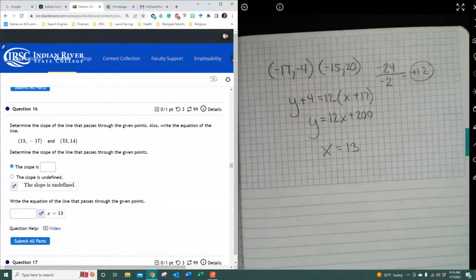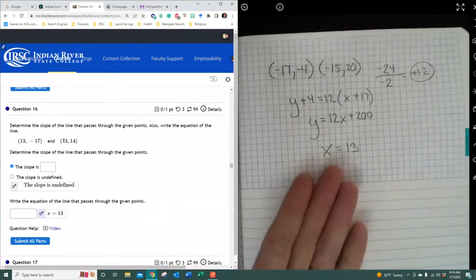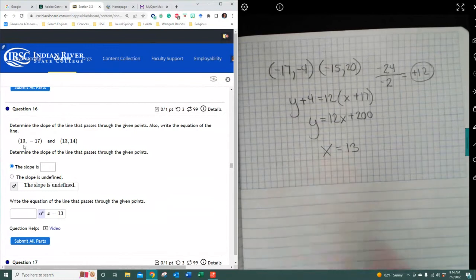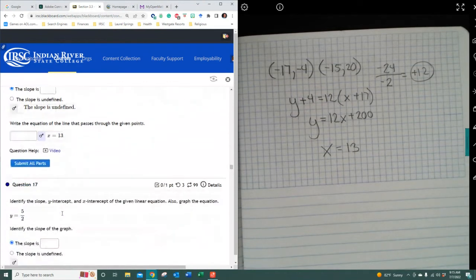I'm glad I went over this problem with you. This one was pretty easy. As you can see, I knew it was undefined because the x is the same. And whenever the x is the same and it's undefined, it starts with x equals and whatever value is in the x position is what you're going to set it equal to. That is a golden rule for that one.